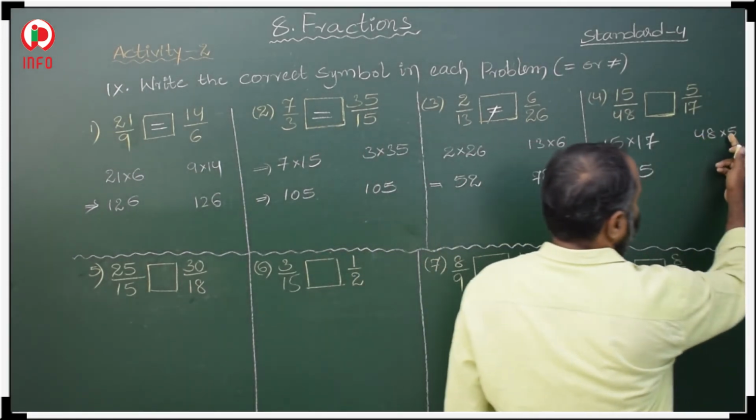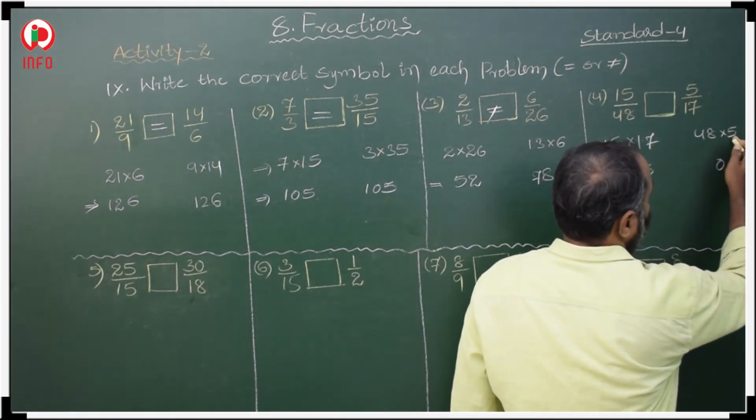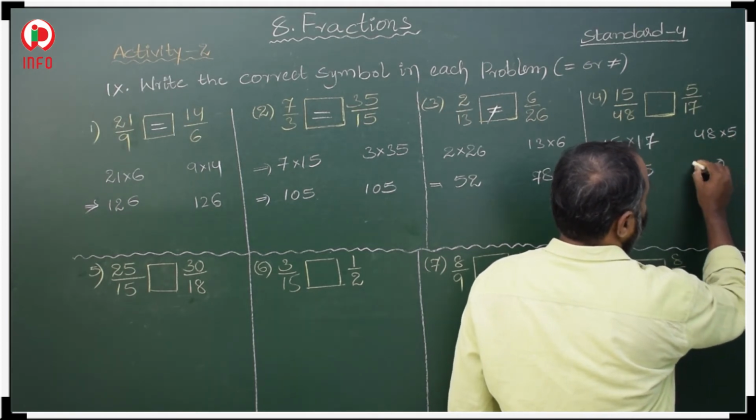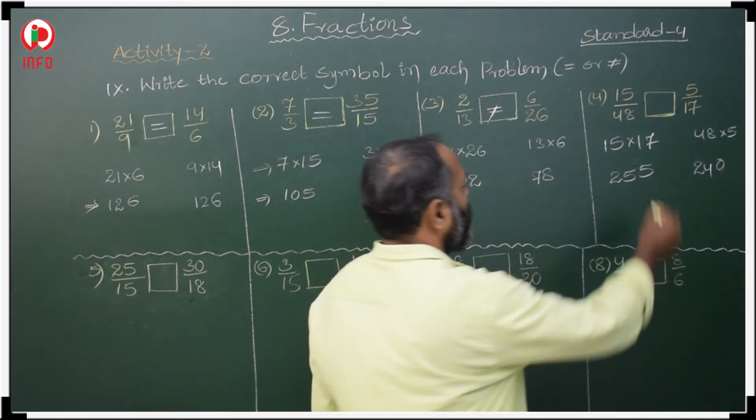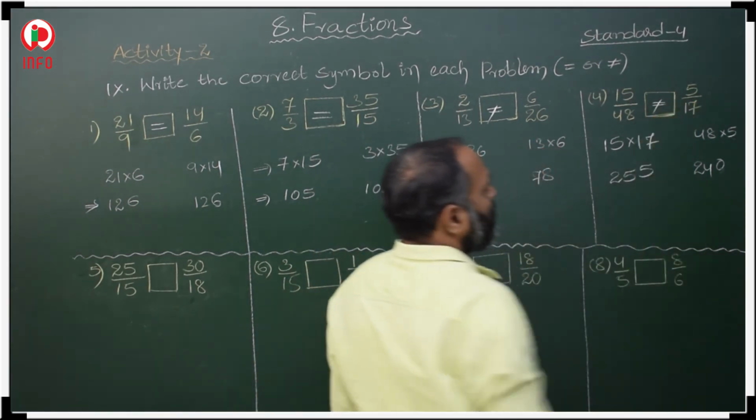Then 48 times 5 is 240. So they are not equal, is not equal to.